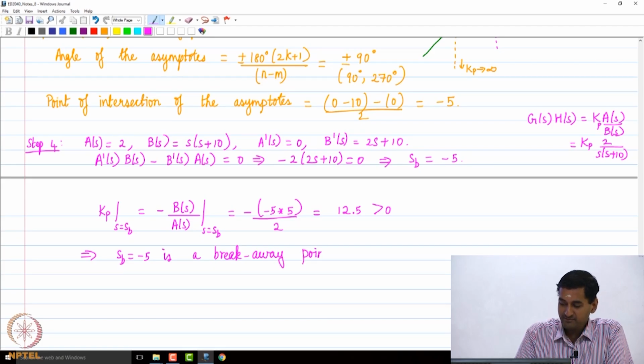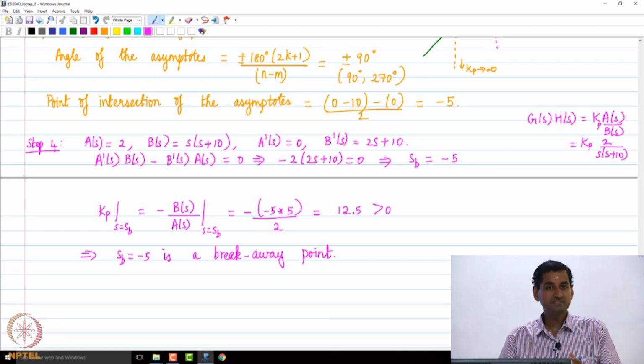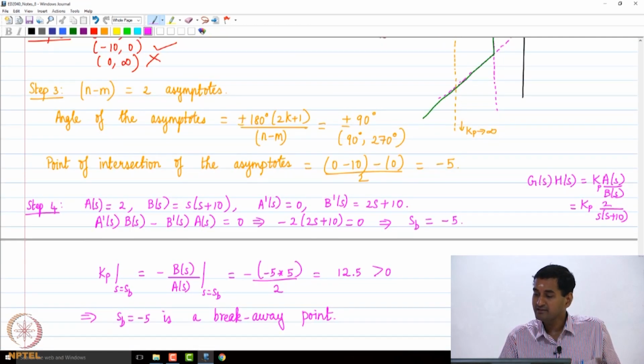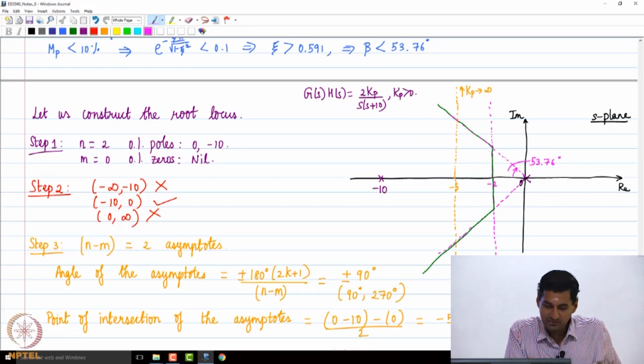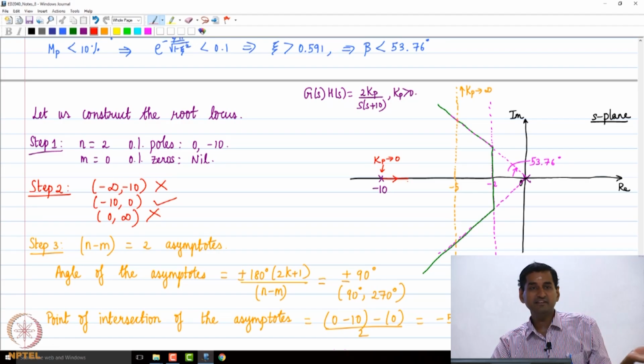Why am I calling it a breakaway point? Once again, it's pretty simple by now. Let's say I am plotting the final root locus in red. Please note that one branch will start from the open loop pole at minus 10 and start traveling to the right. Why? Because it can go to the right, as we know from step 2.